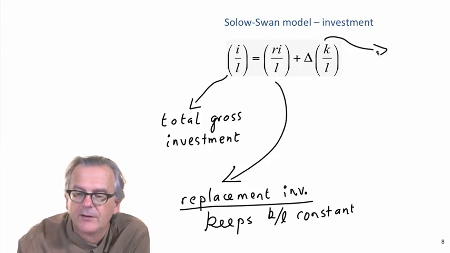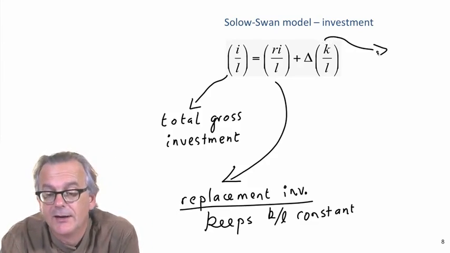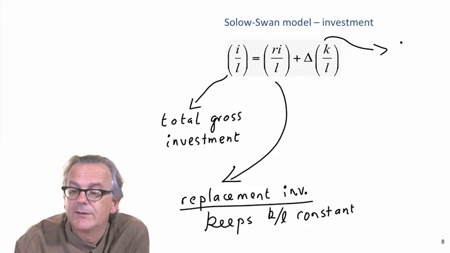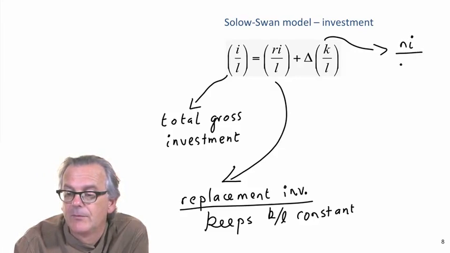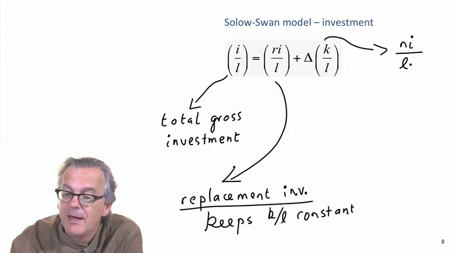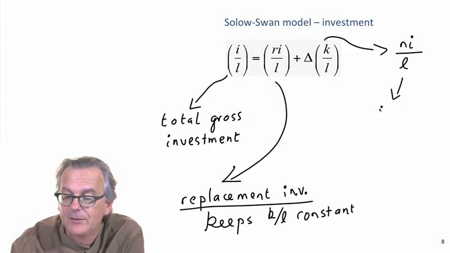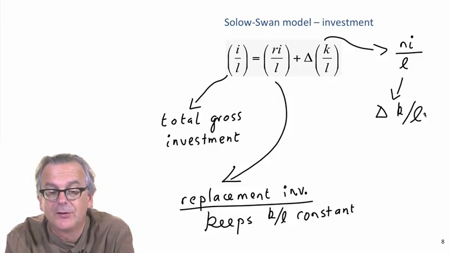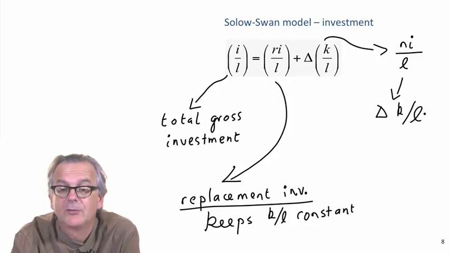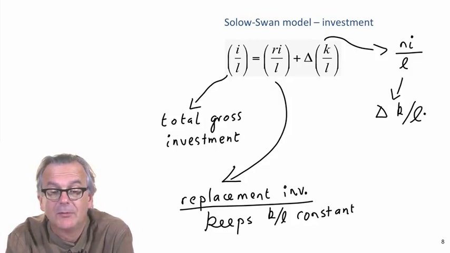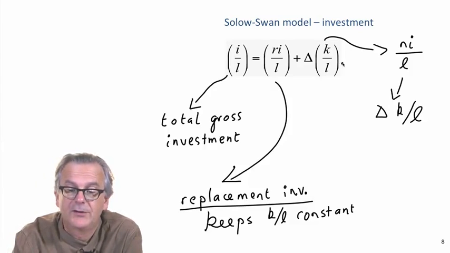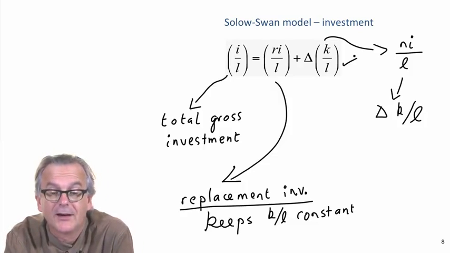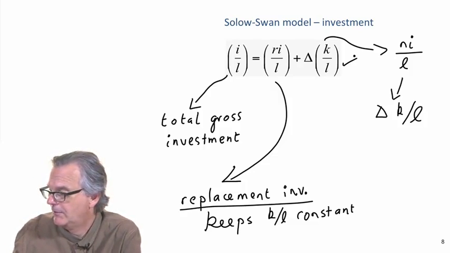On the final term on the right-hand side, delta K on L, the change in the capital-labour ratio, that's our net investment on a per capita basis. Remember that net investment is the only thing that will actually lead to a change in the capital-labour ratio. So to remind us of that, to remind us that what net investment does is to change the capital-labour ratio, in this expression here instead of writing net investment, NI, I'll write the effect that it has, which is to change the capital-labour ratio.